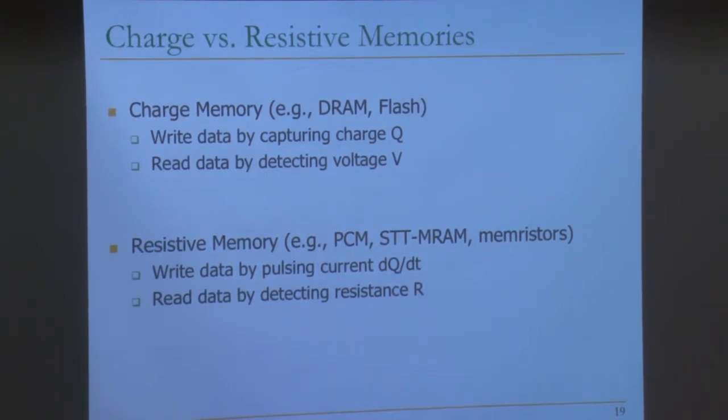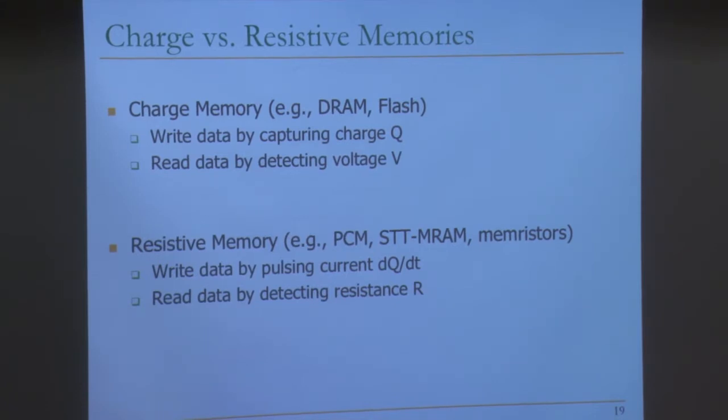And it's really one of charge storage versus resistance storage. So charge-based memories, like DRAM or flash, write data to a device, to a cell, by capturing a certain charge. Let's call it Q. And they read data from a cell by detecting voltage, V.